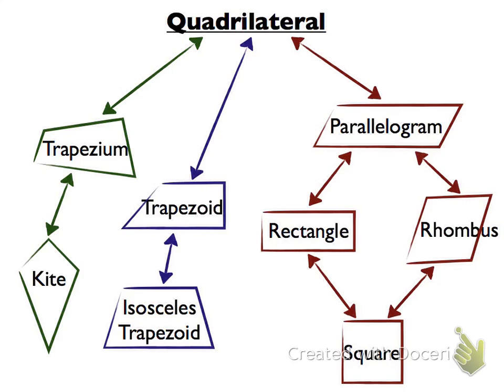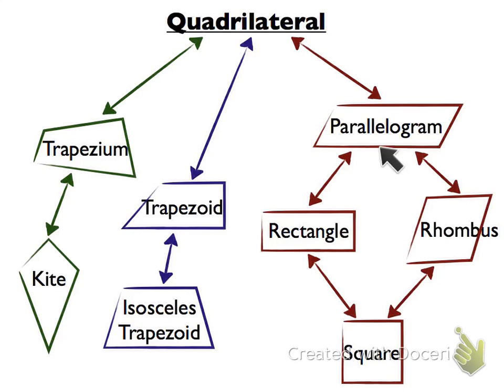And let me just give you, for instance, always, sometimes, never. Is a rectangle always, sometimes, or never a parallelogram? So here's our rectangle. Is a rectangle a parallelogram? And the answer is always. A rectangle is anything, you can be named by anything above it.